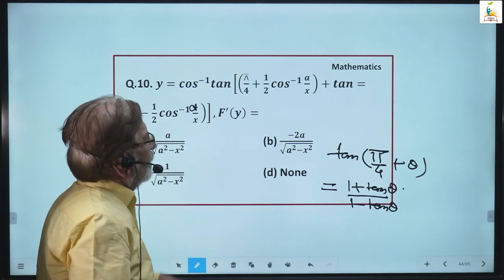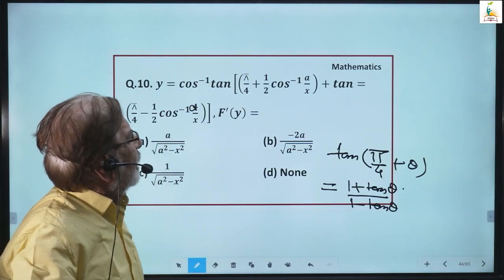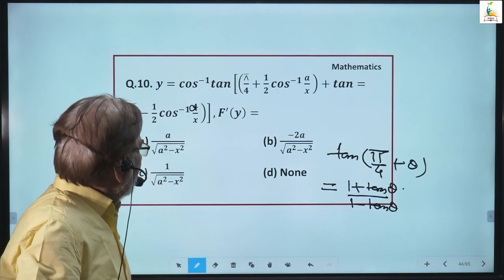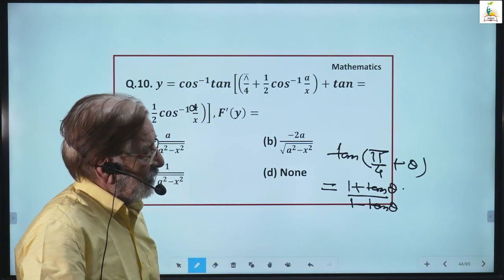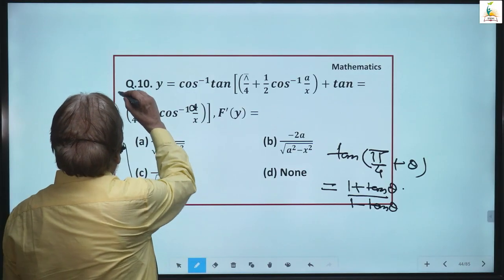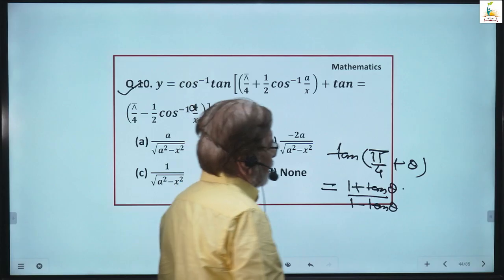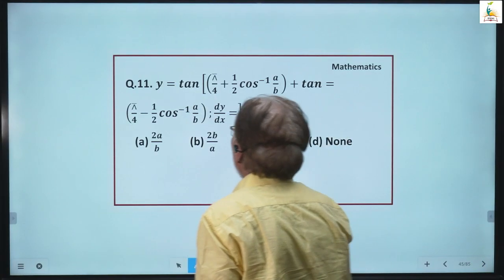Then the second part will be equal to tan pi by 4 minus theta. So that will be 1 minus tan theta upon 1 plus tan theta. And if you do this, it will convert to cos inverse. So this is a very good question. It has been asked in examination. I will tell you the answer. So next is the same question.